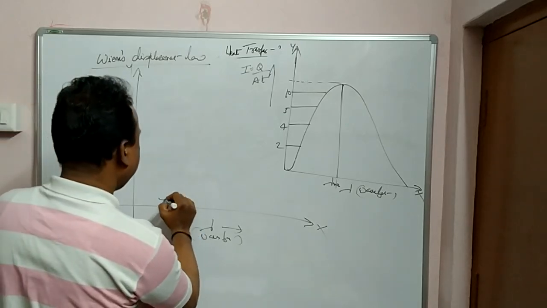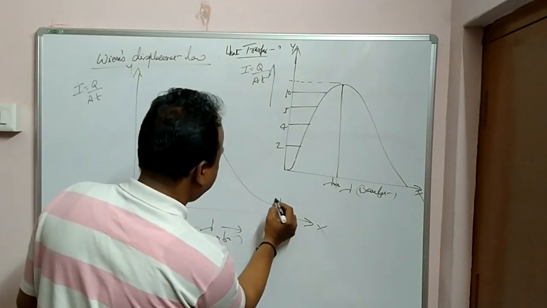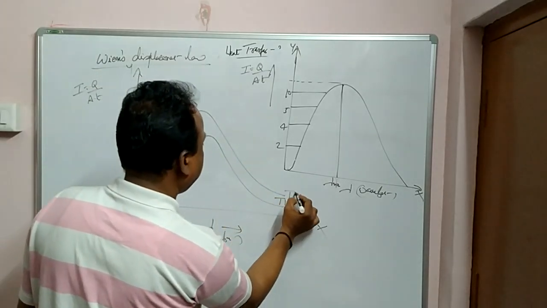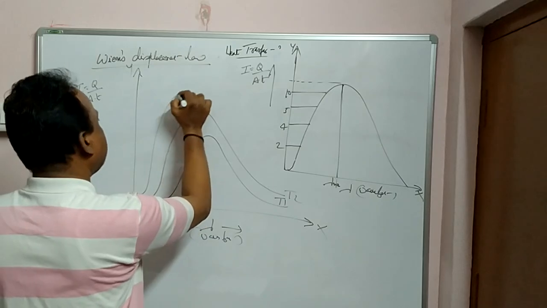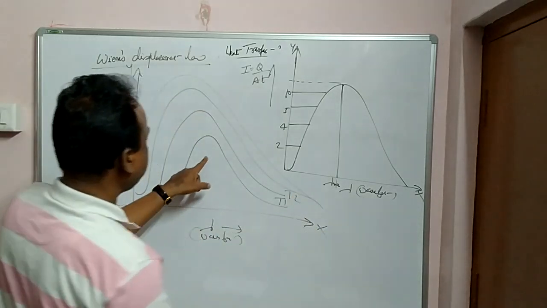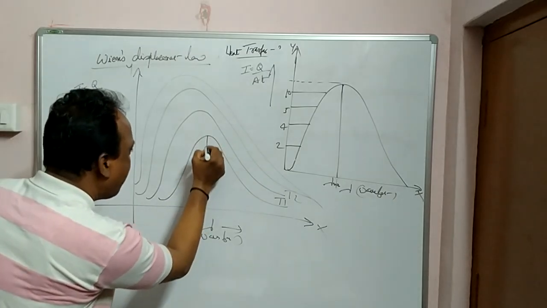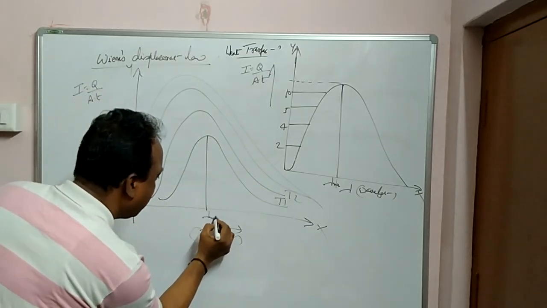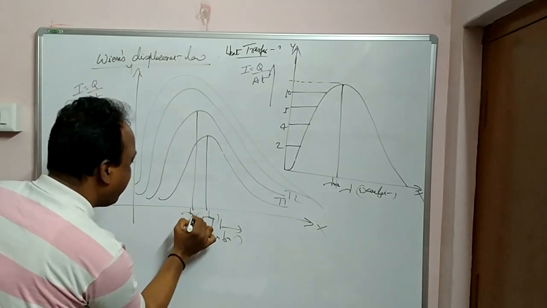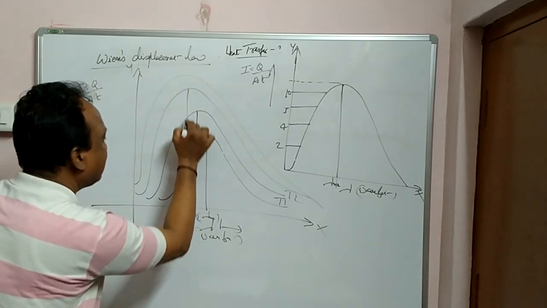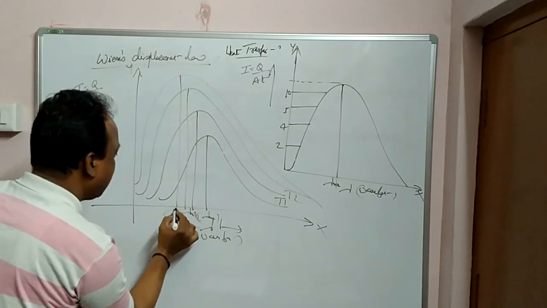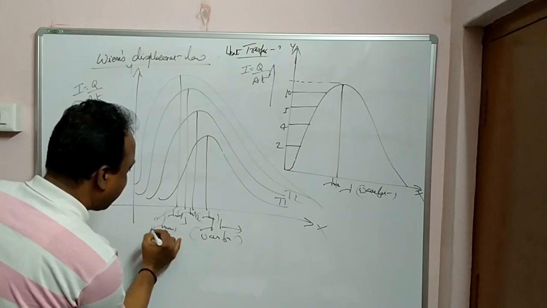For example, this is the first one for T1 temperature, this is for T2, and this is for T3, and so on. You can see the graph here, lambda maximum 1. Now the lambda is shifting to here, lambda maximum 2. Again you can see lambda maximum 3, and lambda maximum 4.